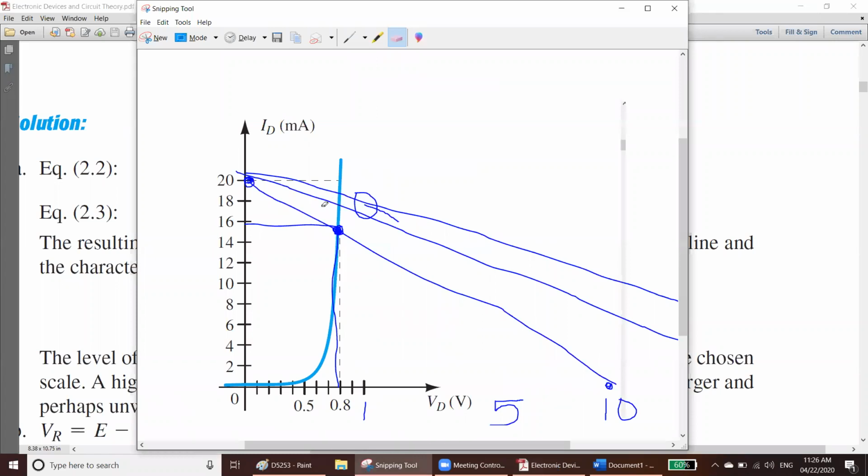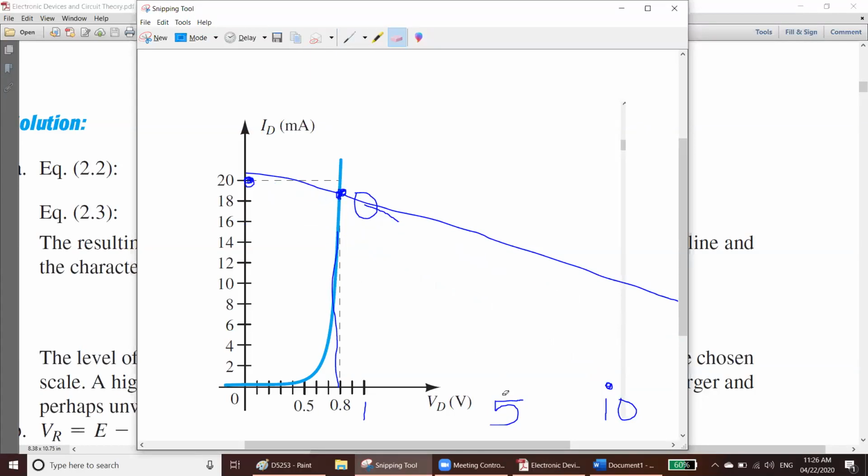So this is your graph. This is your point actually. So your 10 is much further away here, and this is your 20.